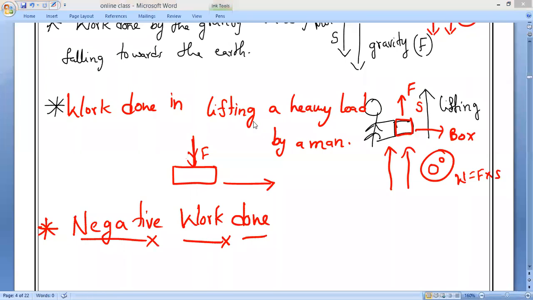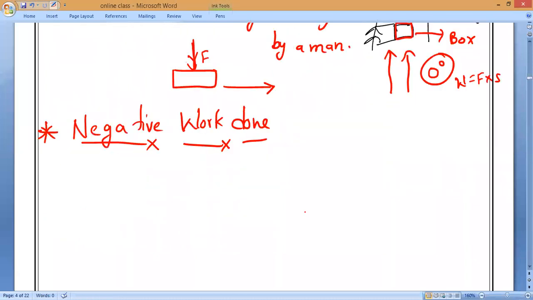Okay, write it. Harijaras, do you understand? Negative work done. Can you tell me where the negative work done angle is? Anyone? 90 to 180 degrees, sir.